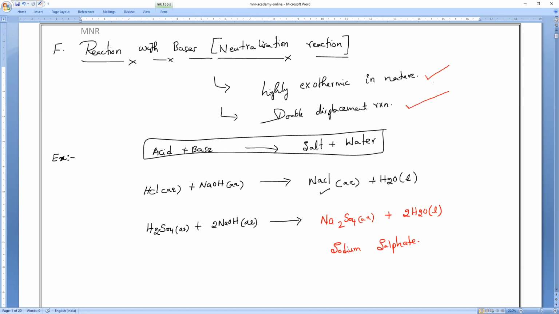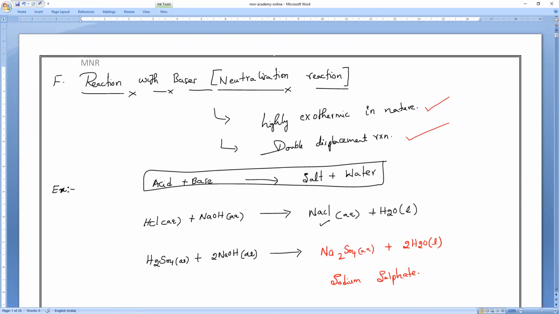Is it okay, guys? All of you? So these are the properties of acids when they react with different things. We studied many. Each and everything you need to learn and make at least 2 or 3 examples. It is good for you.